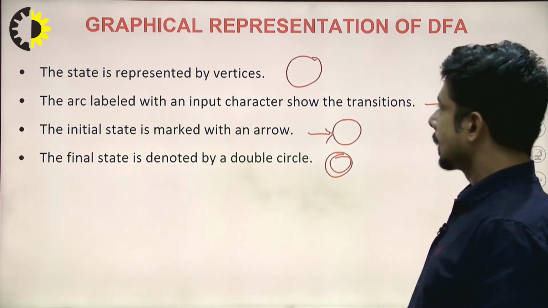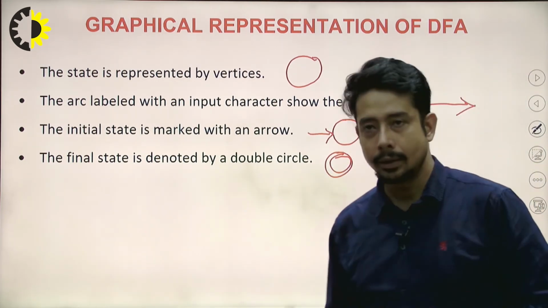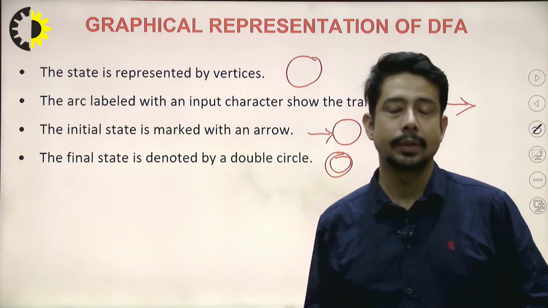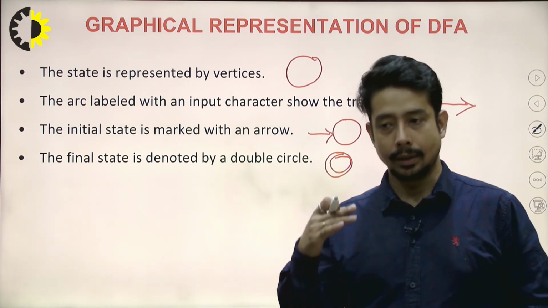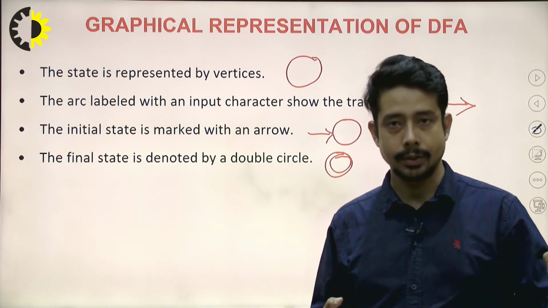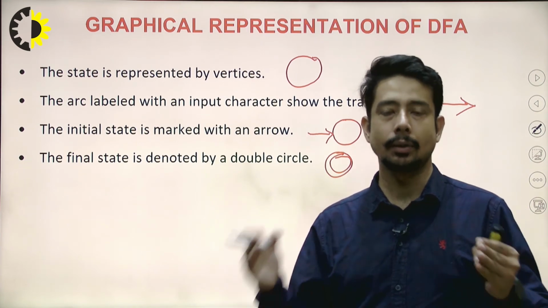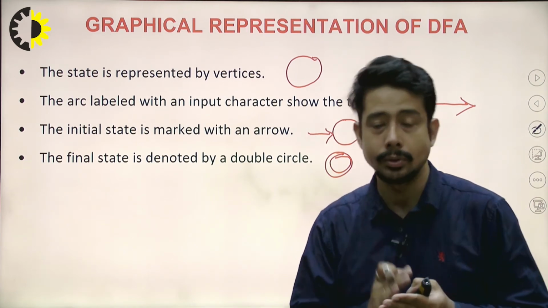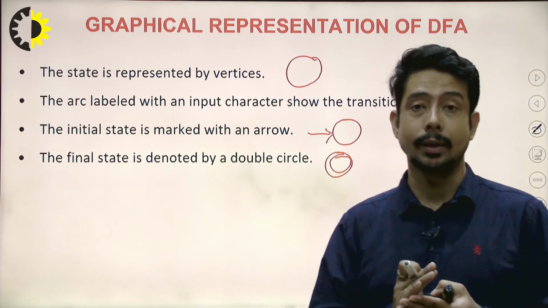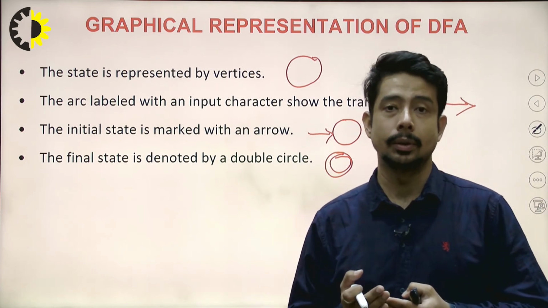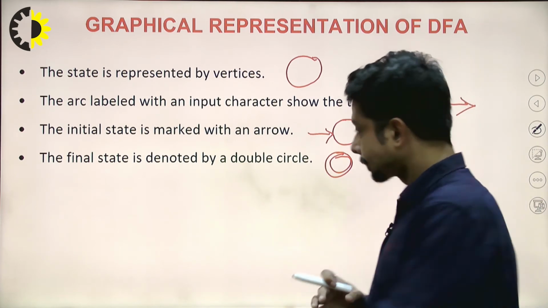Now, while depicting a particular DFA or NFA, we can represent it either as a transition diagram or as a transition table. First, we will check how to design a transition diagram for a given finite automata. Thereafter, I will look into the transition table.